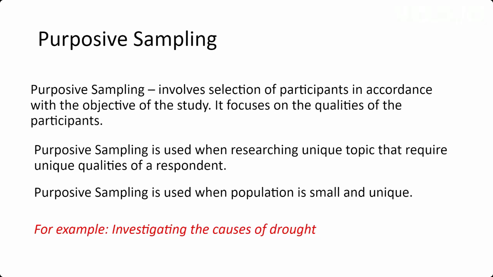But this one is now more on a technical part. You need a person who understands some elements of drought in detail. So that's why purposive sampling is mainly linked to the objective of the study.